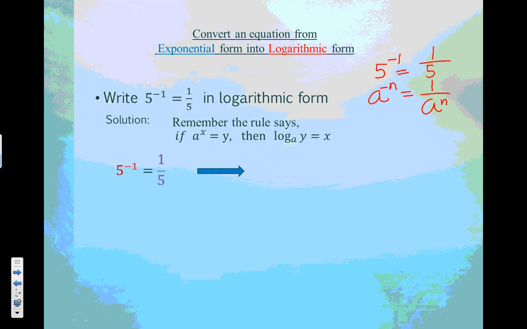So we will write log base 5. And it's always nice to write the base a little bit underneath the log function so it doesn't look as if it's multiplication. So log base 5 of the answer we got in the exponential form, which is our argument, 1/5, is equal to the exponent, which is -1.